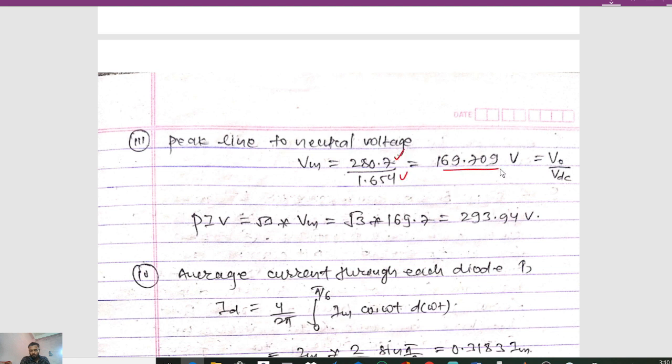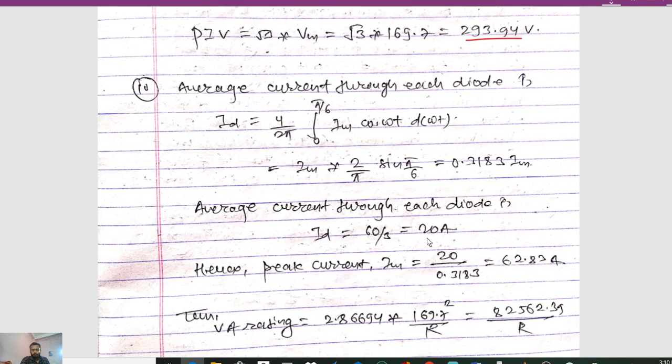So you'll get 169.709 volt, and the peak inverse voltage will be root 3 into Vms. Just now we have calculated the value of Vm as 169.709. So the peak inverse voltage will be root 3 into Vms. If you solve, we'll get 293.94 volt.